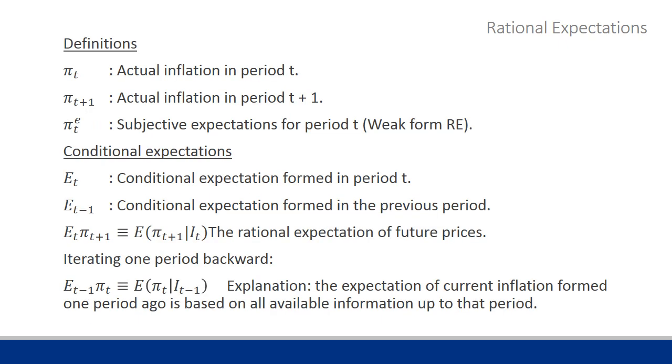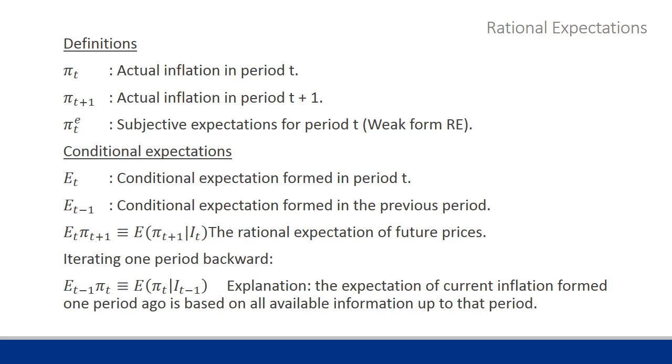Let's go through some definitions to get used to the notation. Pi t is actual inflation in period t. Therefore pi t plus 1 is tomorrow's inflation, or the inflation in the next period, t plus 1. Pi e t, which we will be using more later, is the subjective expectation for period t. And we call this weak form rational expectations, to be discussed later.